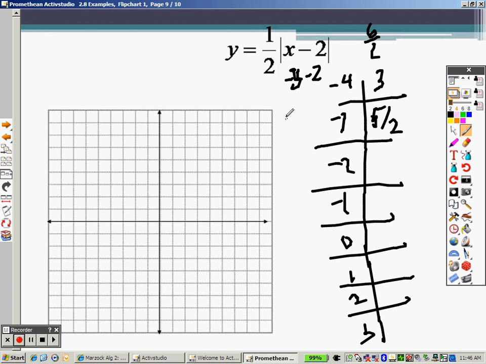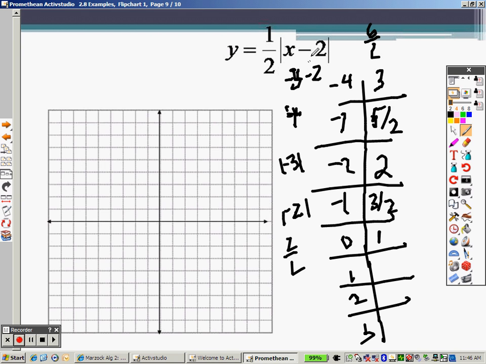-2 minus 2 is -4, so that's a positive 4. 4 divided by 2 is 2. -1 minus 2 is -3, but it's positive because it's in the absolute value, so that's 3 halves. 0 gives me a -2 inside of there. This is a positive 2. 2 divided by 2 is 1.